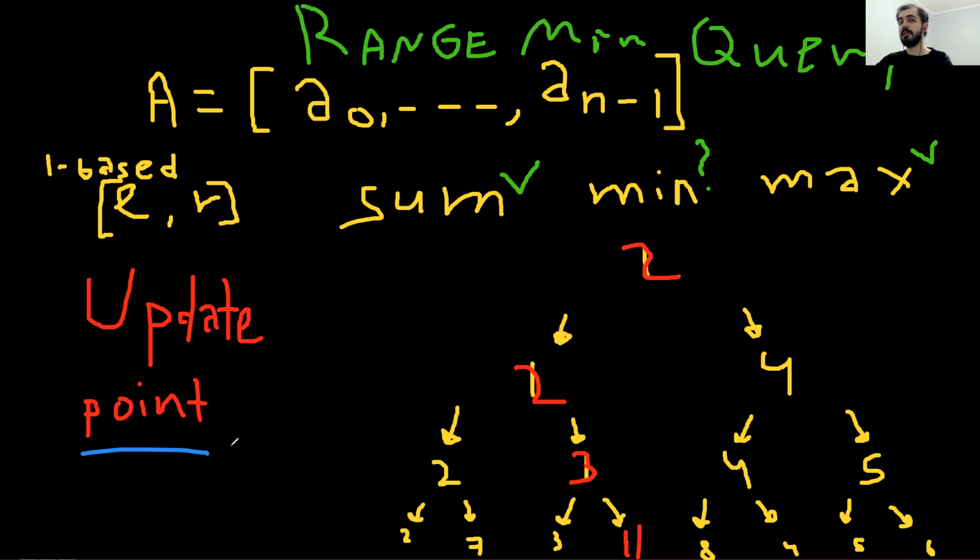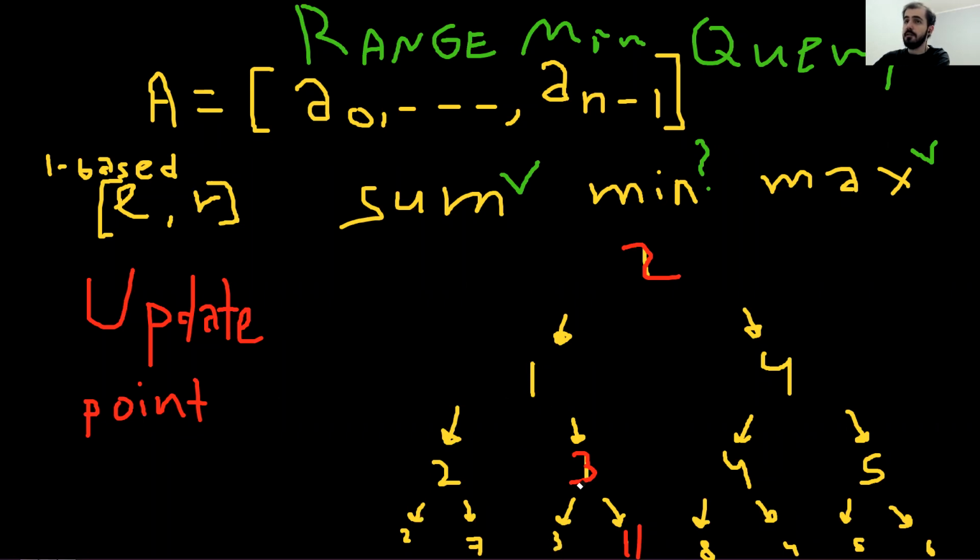And point updates are pretty cheap, right? You just update that segment, you update all the nodes, and you have all the updated information stored in your tree. So both get minimum and update element take logarithmic time.